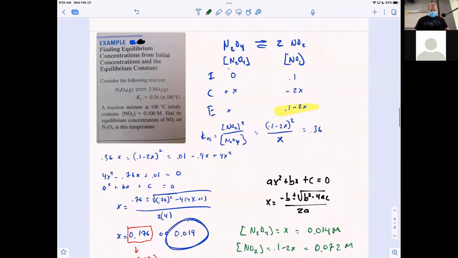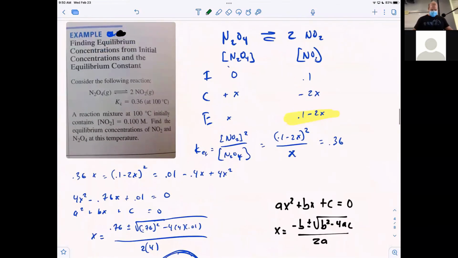But okay, let me go back and repeat this one. So consider this equation: N2O4 in equilibrium with 2NO2. Kc value is 0.36. Initially, we start with 0.1 molar of NO2 products. What is going to be our equilibrium value of the reactants and products? So we're given products and no reactants, so we shift left towards the reactants.